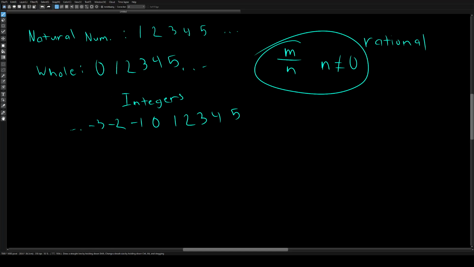Now, before we continue onward from here, let's try and do some examples where we utilize natural numbers, whole numbers, integers, and rationals. How do we tell the difference? So I'm going to clear this.